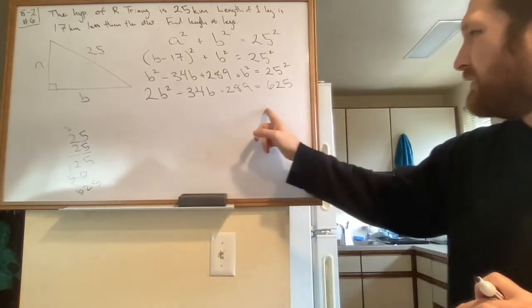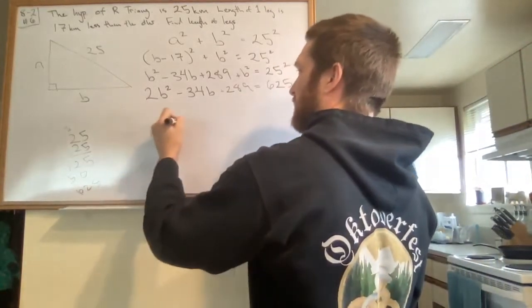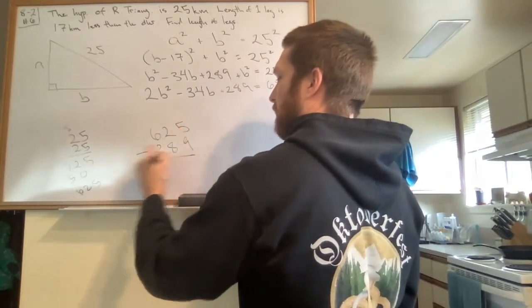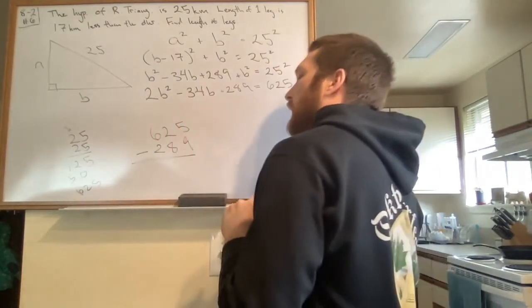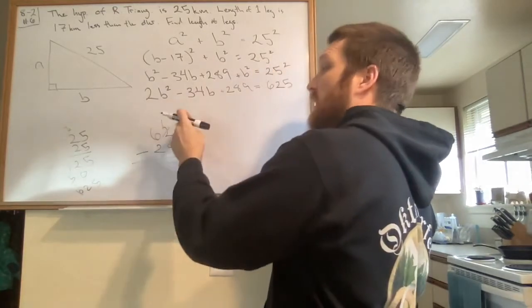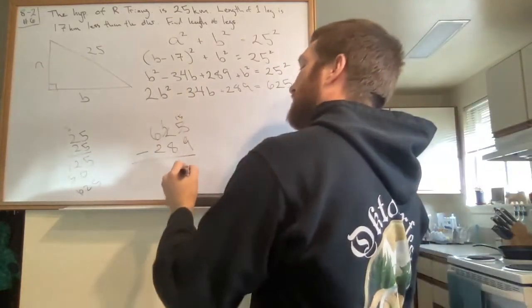It might actually be easier for me to just compute 625 minus 289. Okay, so we're going to have to borrow one of these guys. And let's see, 9 up to 15 is 6.